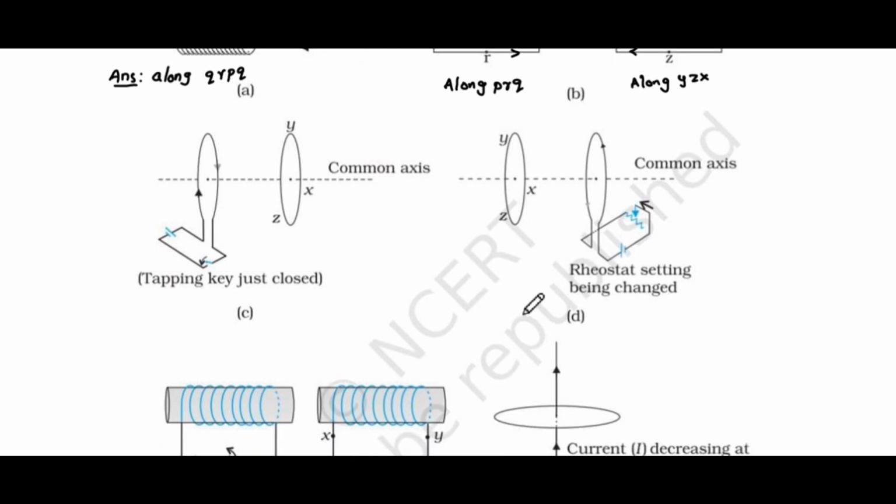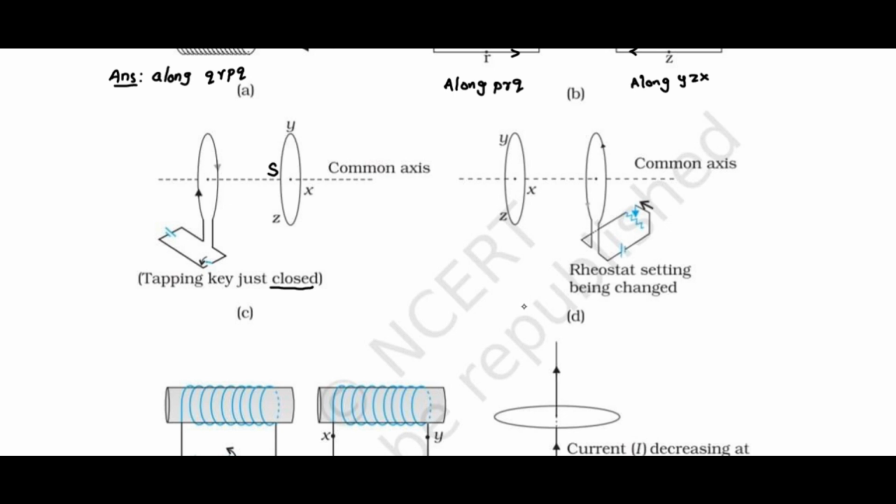Coming to C. As the circuit of the left loop is completed, the current flows in the direction of the arrows as shown in the figure. This current develops south polarity on the side of the right loop.